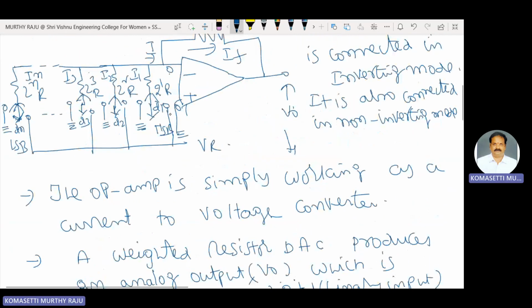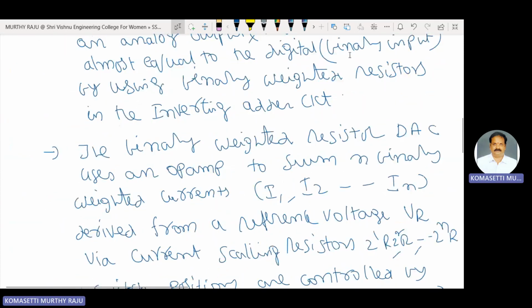One more important point here: D1 is MSB, Dn is LSB.